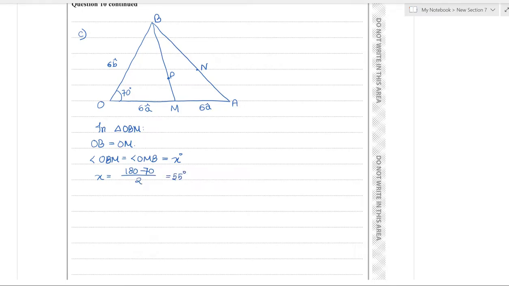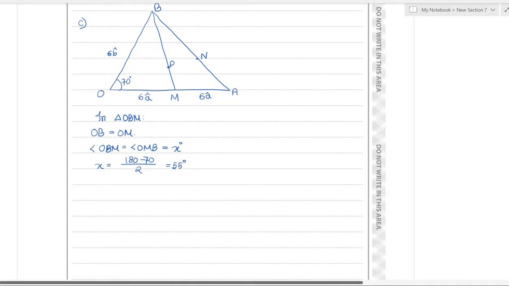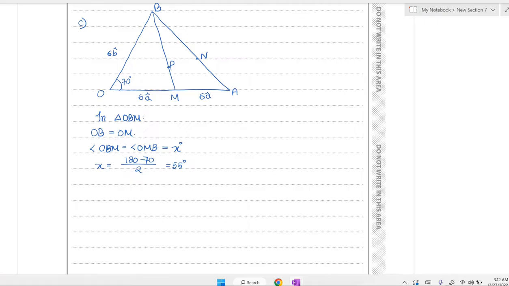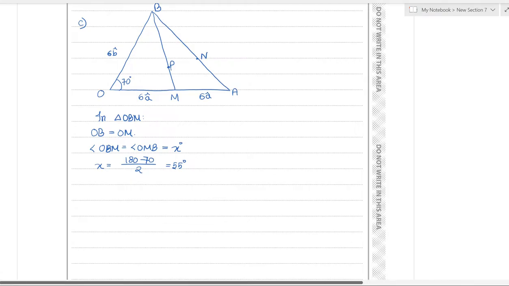Now to find the value for OP, we need to find the numerical value for BM first. We can use the cosine rule to find BM. So we are now focusing on triangle OBM, not on OBP. In triangle OBM, BM is the opposite side of the 70 degree angle. So we can use the cosine rule.